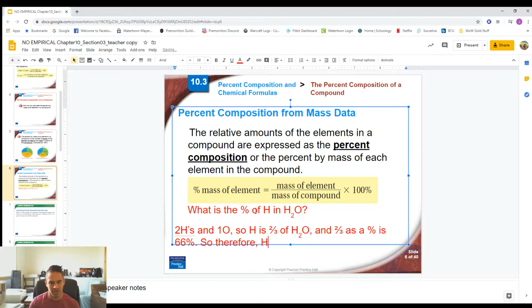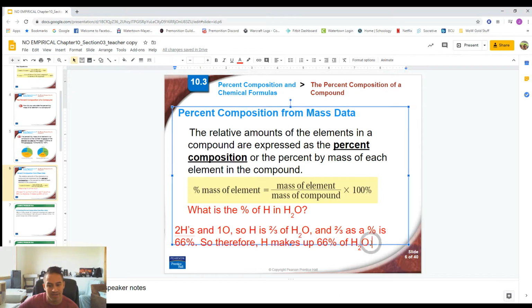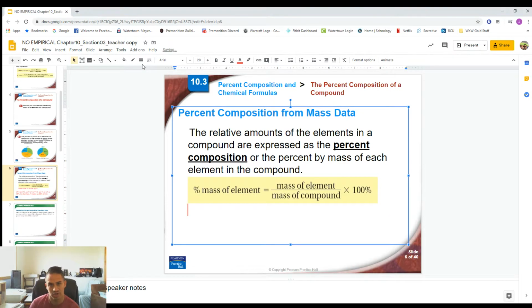So therefore H makes up 66% of H2O. That would make sense if we were determining percentage by count. But we're not. We're determining percent by mass. So all of this is wrong.